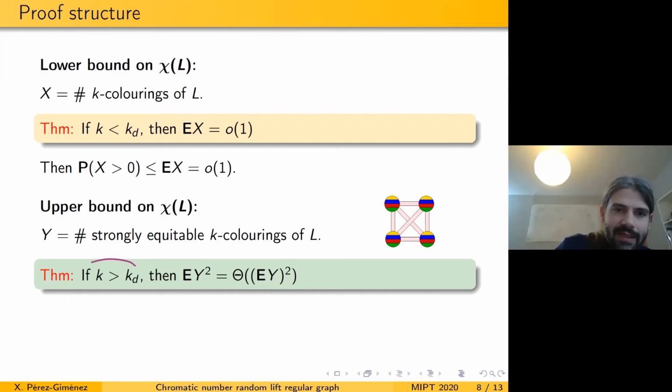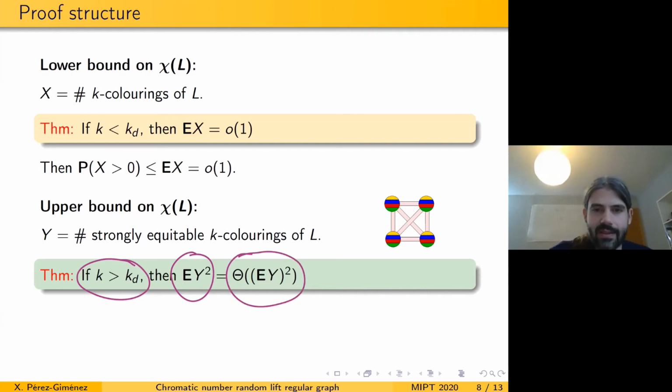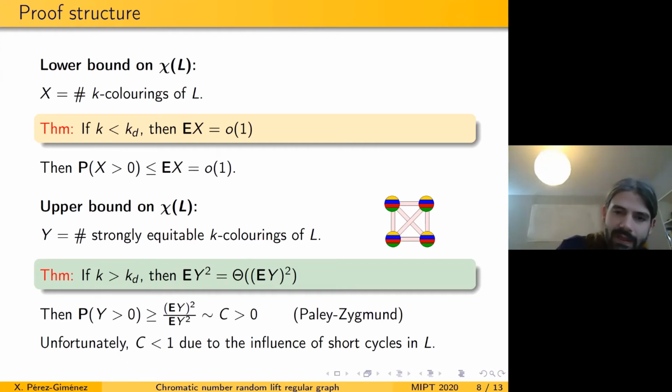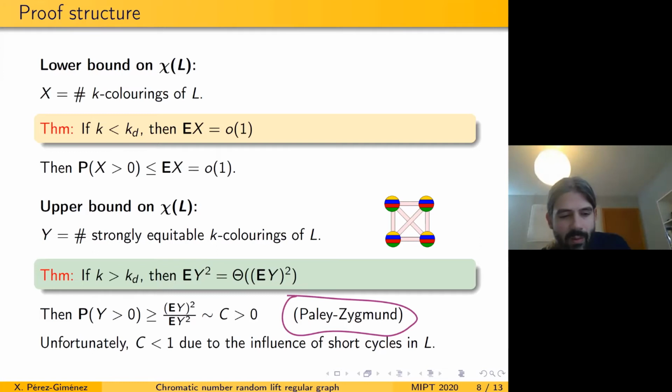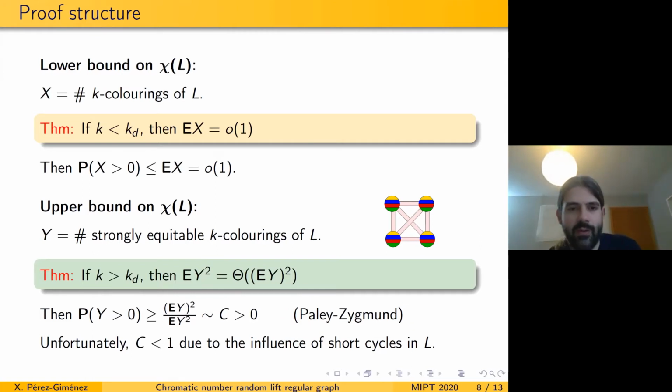when you have enough colors, the second moment of the number of strongly equitable colorings is around the square of the first moment, and then you can apply the Paley-Zygmund inequality, which is similar to Chebyshev's.